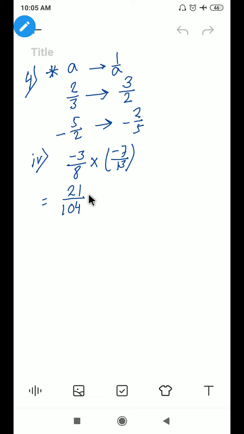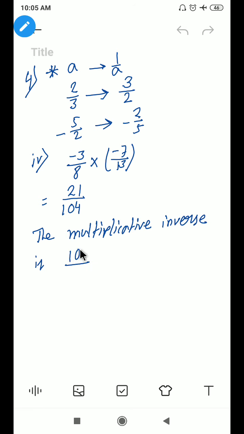So the multiplicative inverse is 104 divided by 21.